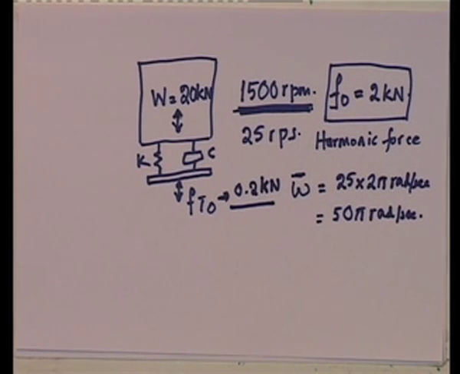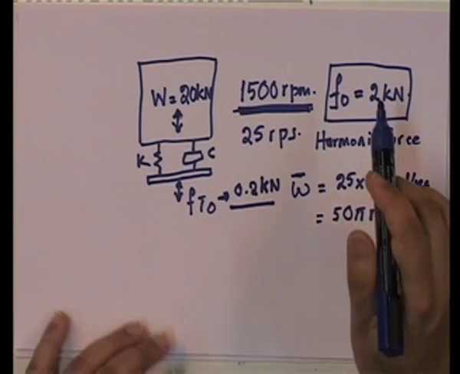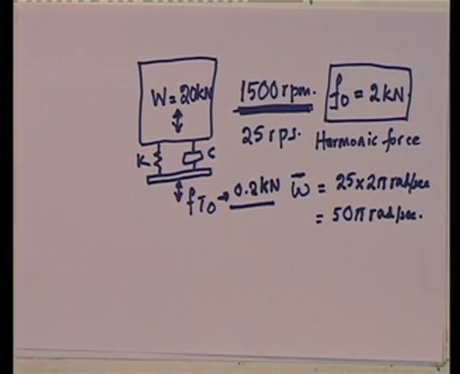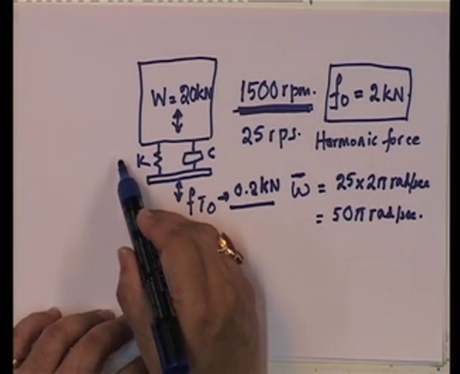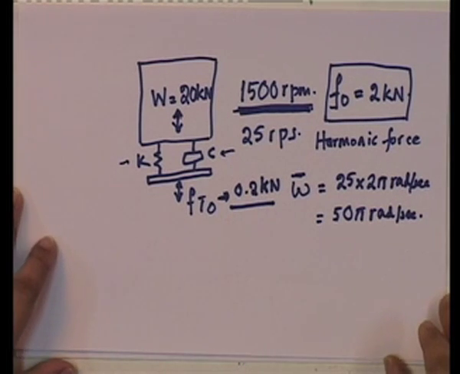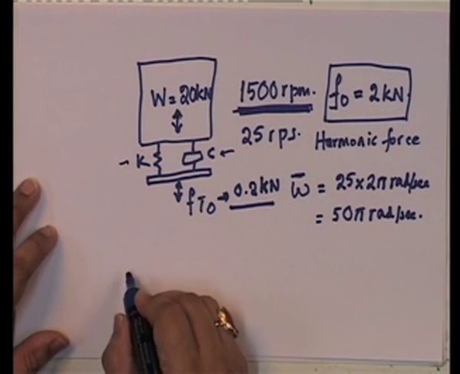The maximum amplitude that I have is 0.2 kilonewtons. That is what I am given. This is the maximum force that can be transmitted to the floor safely. So, how do I solve this problem? The problem is find K, find C. Now, let us look at transmissibility.